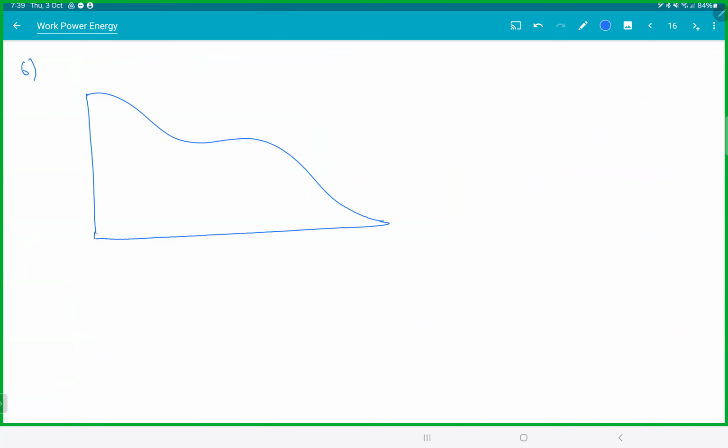We have some weird path like this. This is H and this is L. We have a block M here, and this is a rough surface. Mu is the coefficient of friction. So this block is sliding slowly. This is the topmost point, and this is the lowermost point.